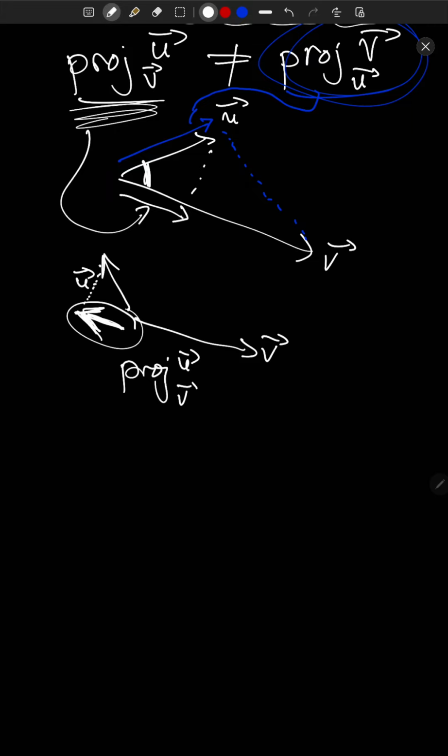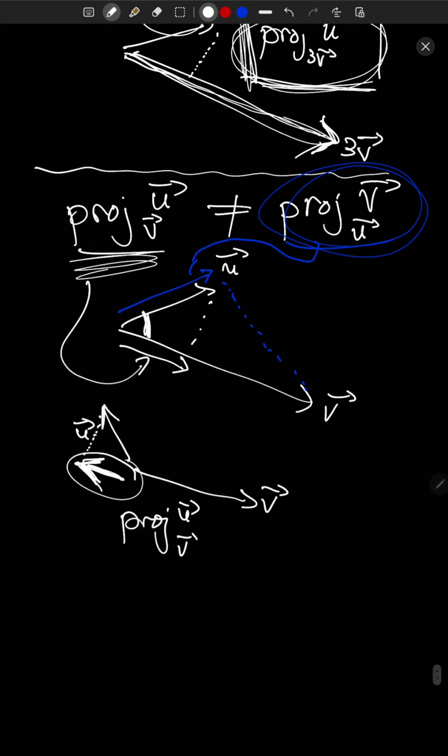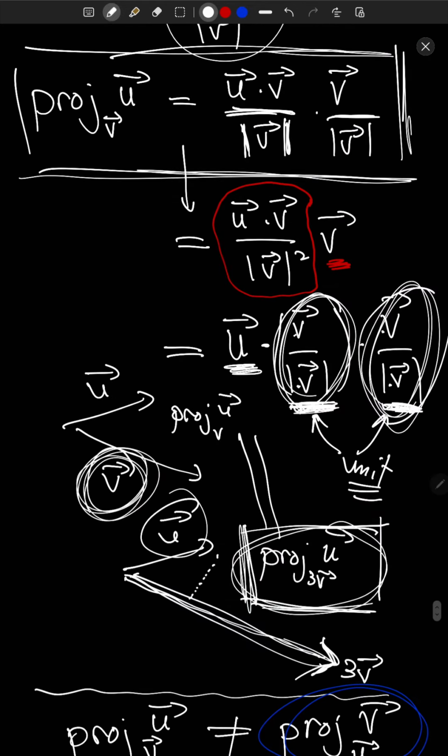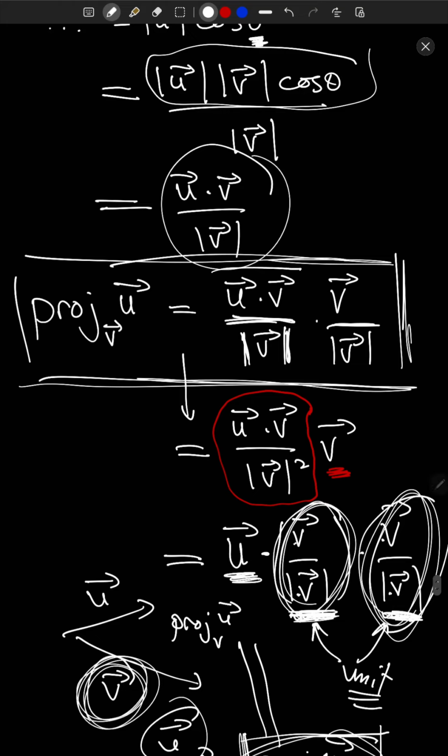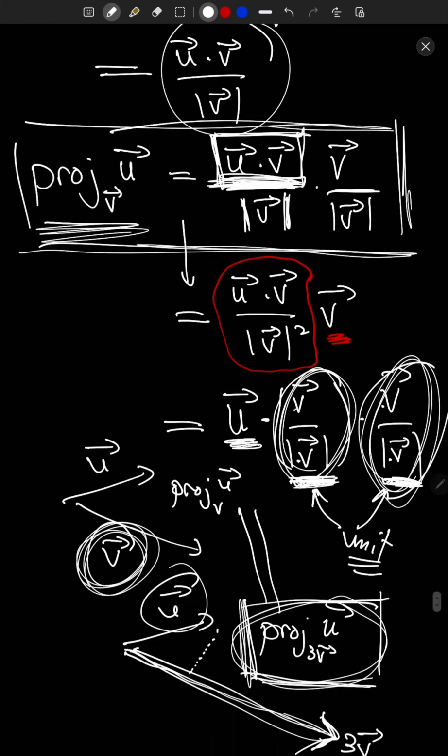But our formula takes that into account, because in this formula, if u and v are in opposite directions, or if the angle between them is obtuse, then u dot v is going to be negative. So what you end up with is this left-hand side is going to be negative, and then times a v. So you're going to get automatically that the projection is in the correct direction.